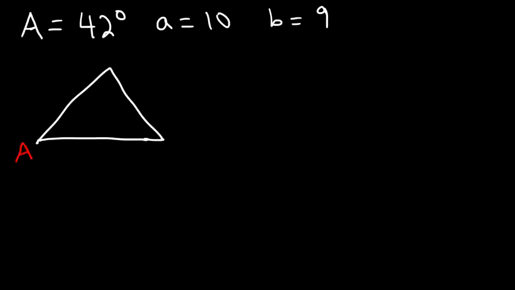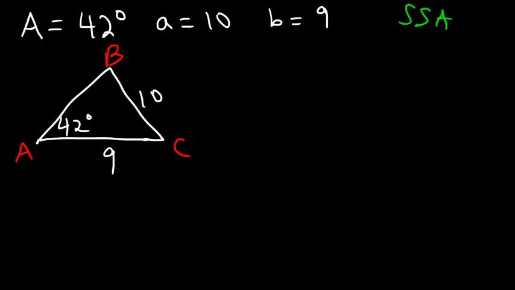So here we have angle A, B, and C. Angle A is 42 degrees. Actually, I should have put that here. Side A is 10. Side B is across angle B, so that's 9. So what we have is a side-side-angle triangle. So it's an SSA triangle.